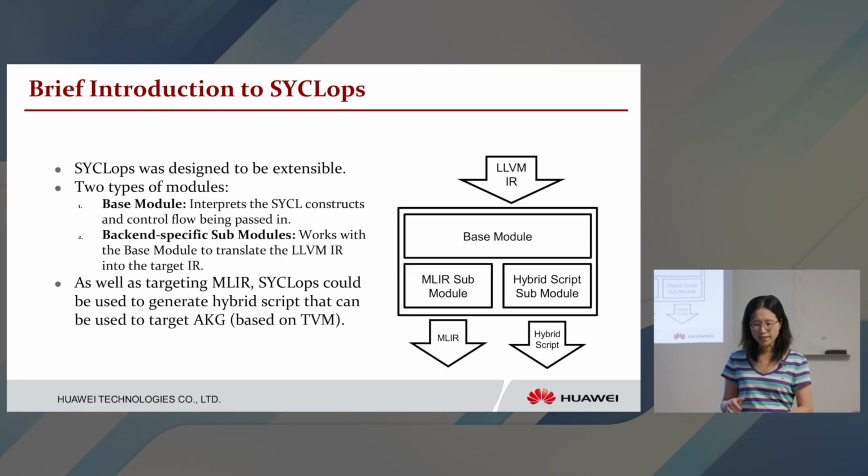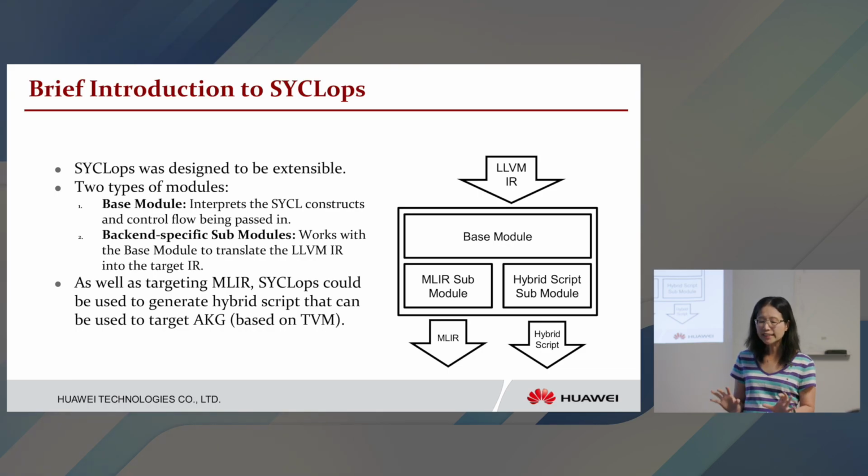As I motivated, the reason we were doing a converter was to make use of AKG, which is based on TVM, the Halide IR, TVM IR. So that's where we started. But that drives the design of the converter to have a base module which interprets the Syclops constructs and the control flow being passed in.